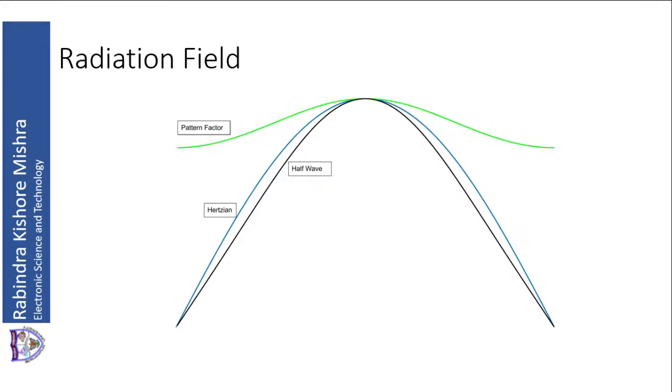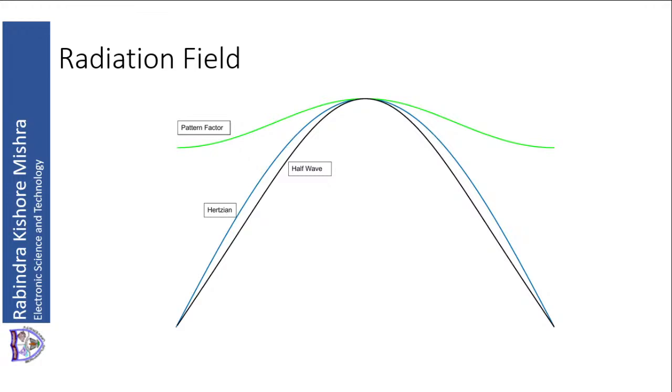So the pattern maximum will be in the broadside direction. For other directions, where theta is not pi by 2, as you go from pi by 2 towards 0 or towards pi, there is partial cancellation due to phase difference between current elements.